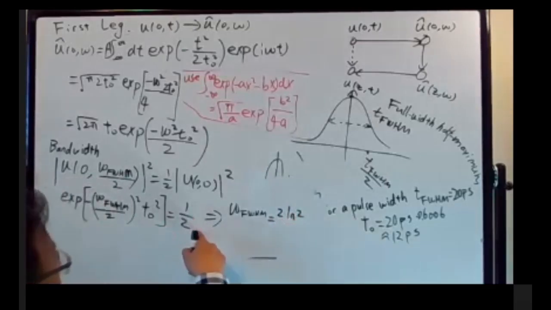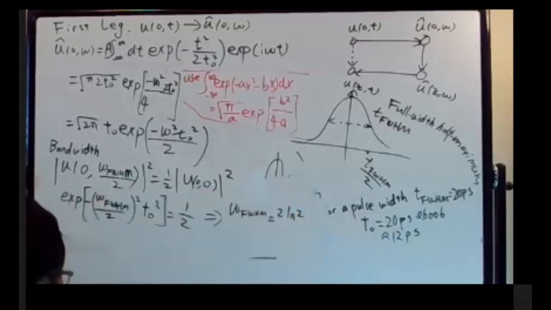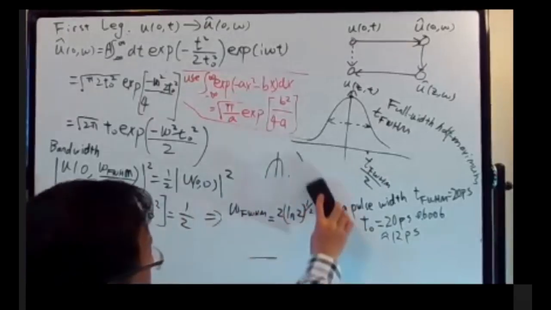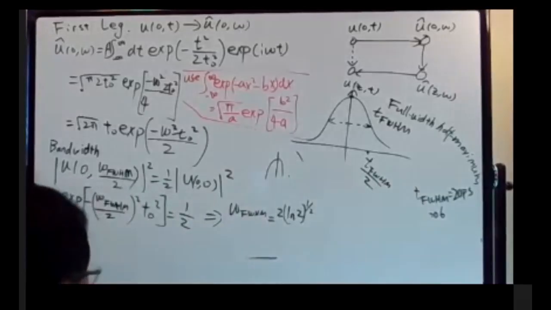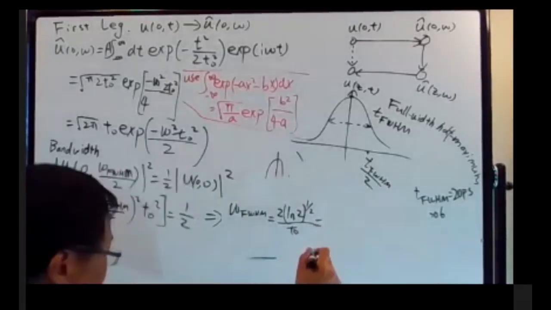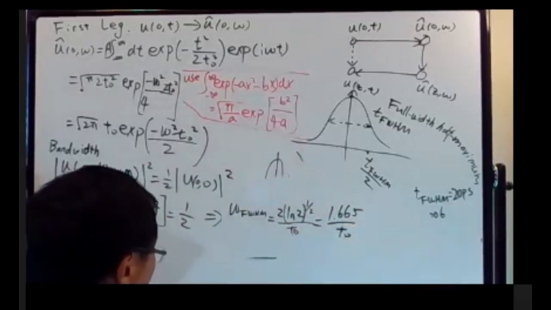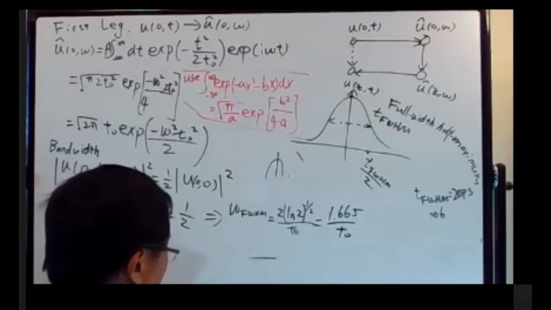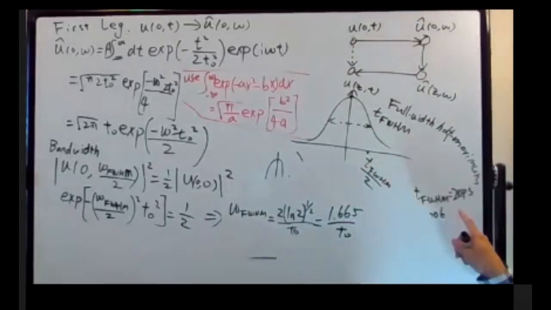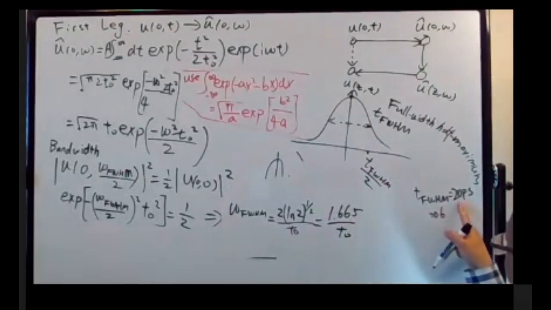It was natural log half, but since there's a negative sign we flipped, it becomes natural log 2, and we still need the square root over t naught. Again, this number is about 1.665 over t naught. And if we calculate it, remember how much is the t naught if we have a full width half maximum of 20 picoseconds?